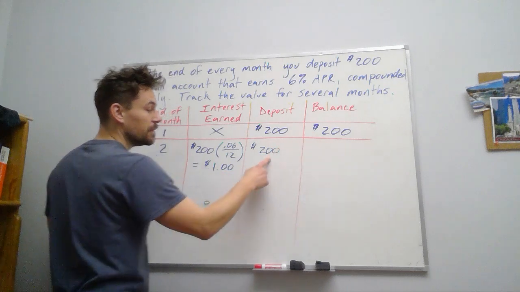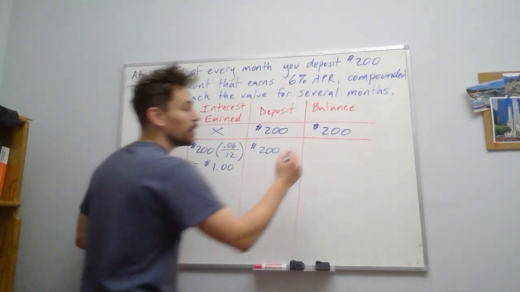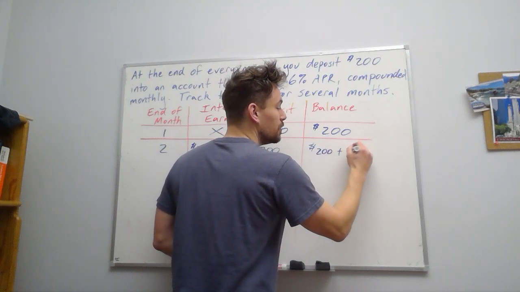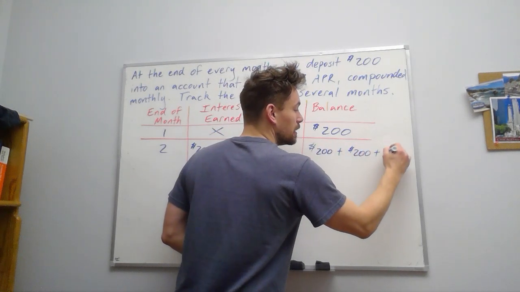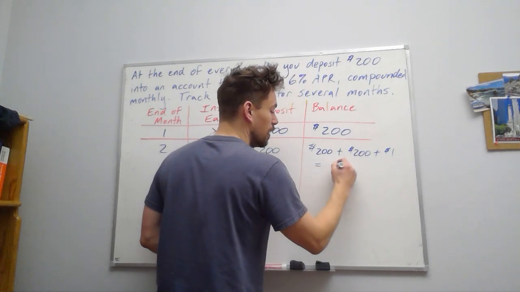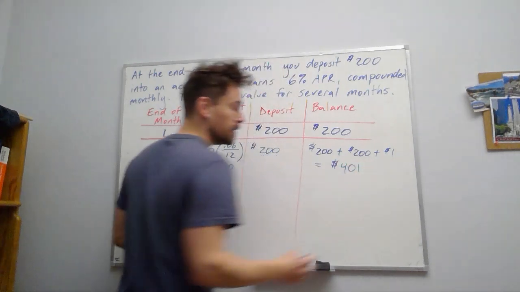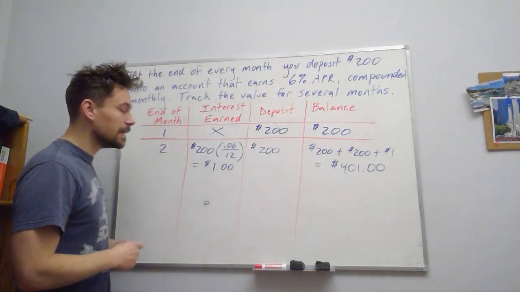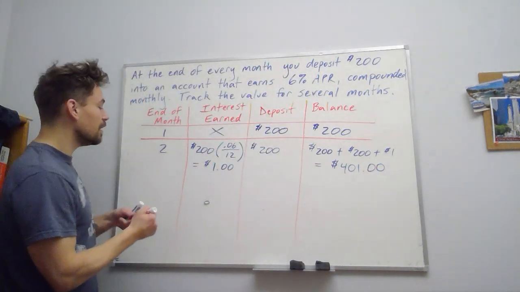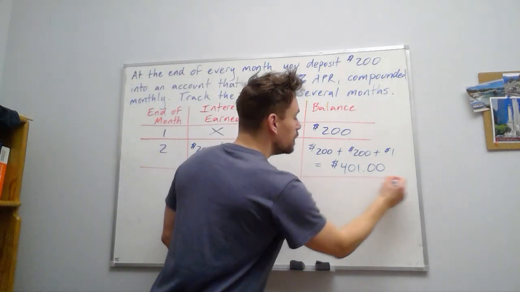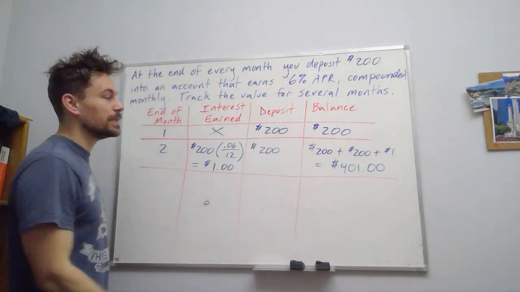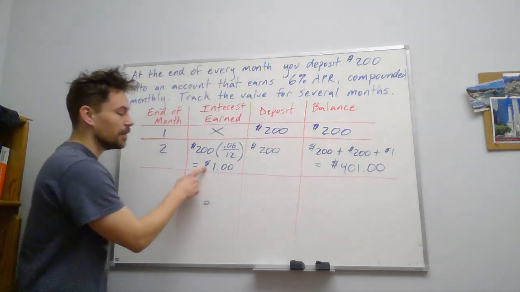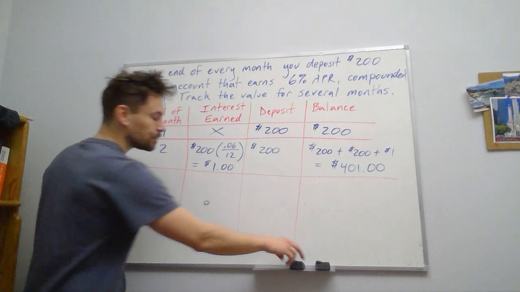So it's these three values together that we add up: 200 plus 200 plus 1. So I've got $401.00 in the account at the end of month 2. I've made 2 deposits by this point in time, I've put in $400, but that extra dollar came from a little bit of interest that we gained.